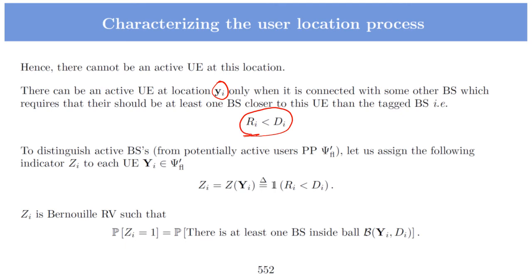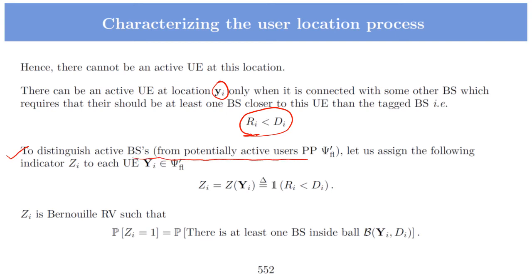But if Ri is greater than Di, then that is not possible, because Ri can be at maximum equal to Di. If there is no base station within the distance Di, then the tagged base station will be your serving base station.